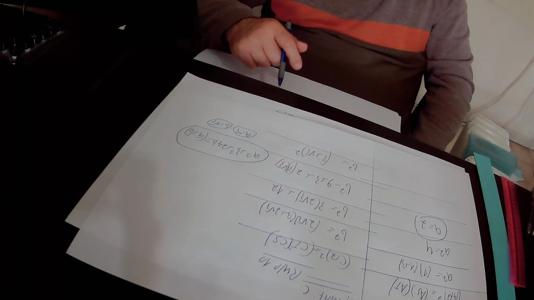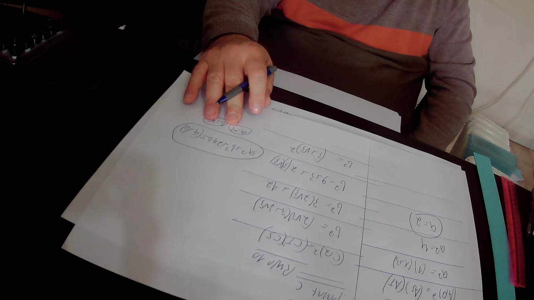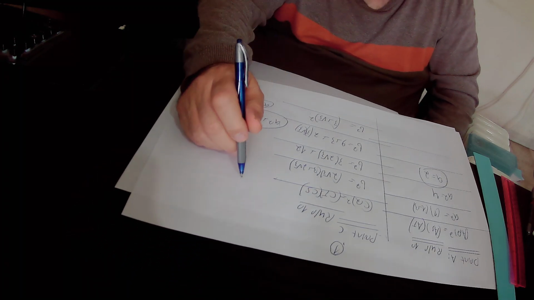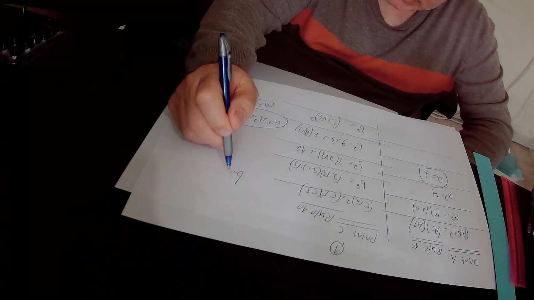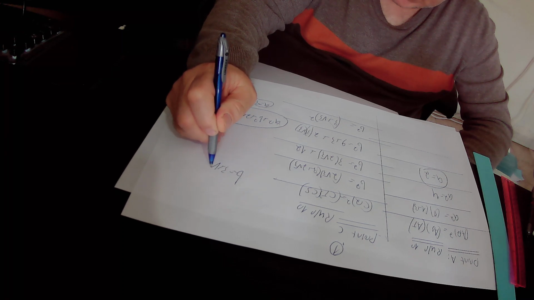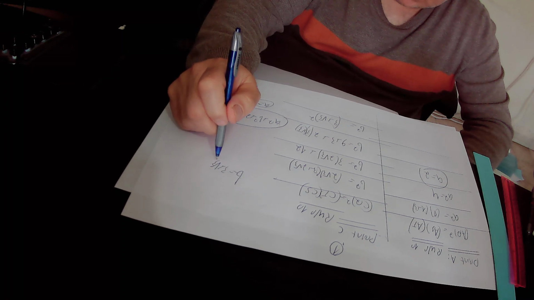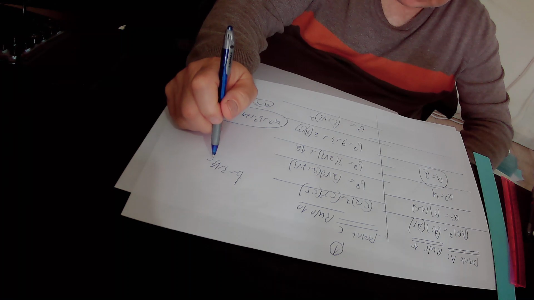So here we take a root out of this equation, and finally we get that b equals 3 plus the square root of 3.